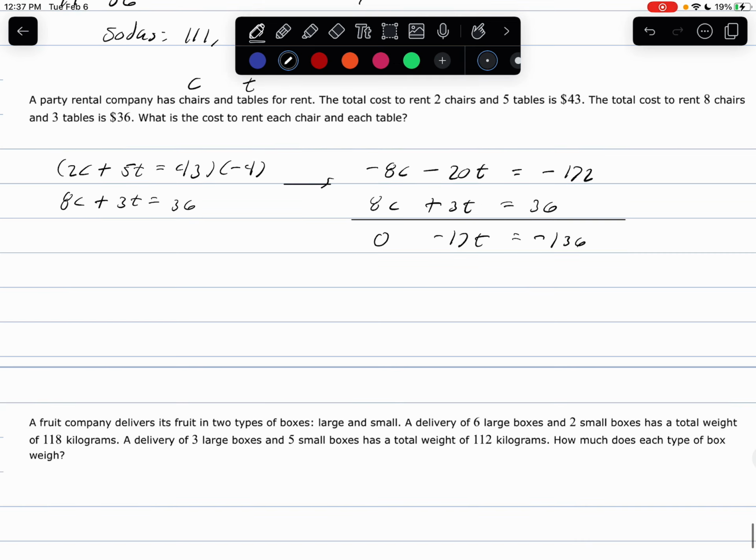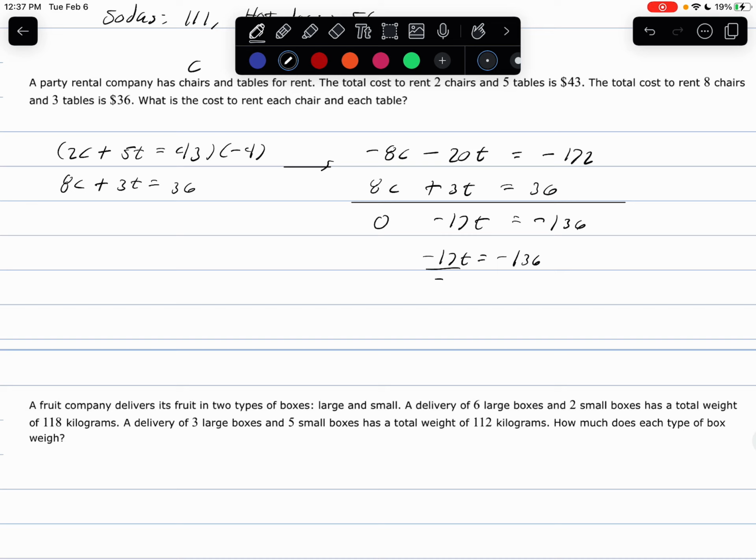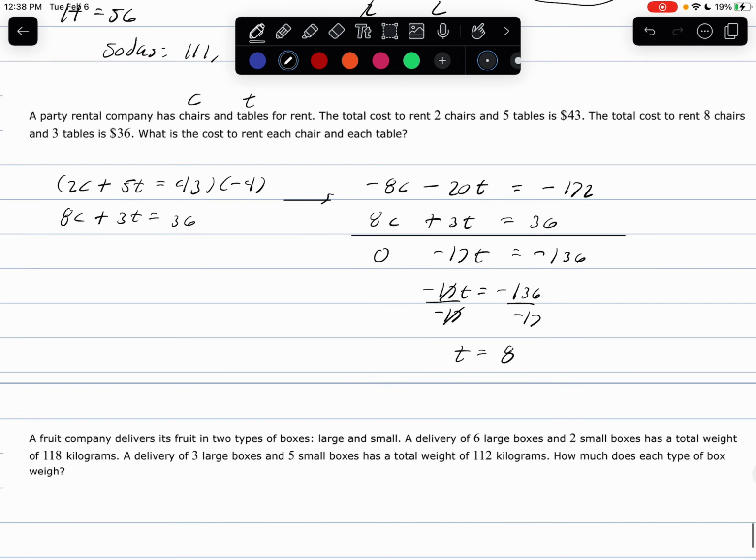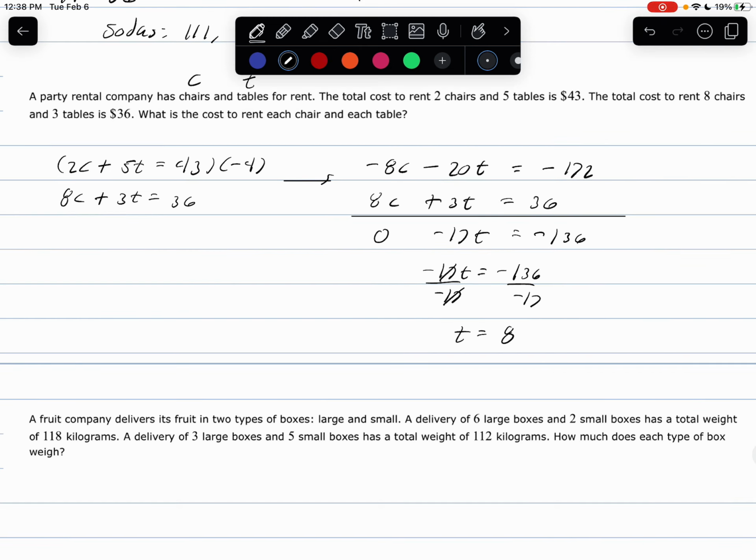Okay, so we have -17T equals -136. So we can go ahead and divide both sides by -17. And that'll ultimately give us that T is equal to 8. Okay, so the cost of a table should be $8.